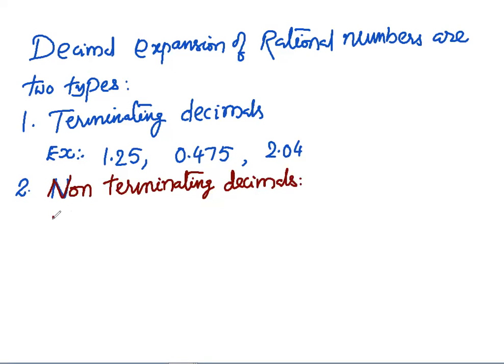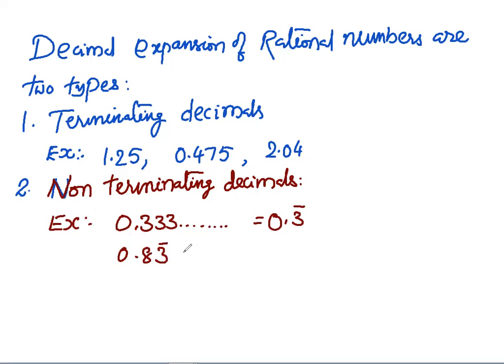Example: 0.333. This is non-terminating but recurring. Non-terminating but recurring decimals. 0.333, 3 recurring. So this can be written as 0.3 bar. Otherwise, 0.83 bar.